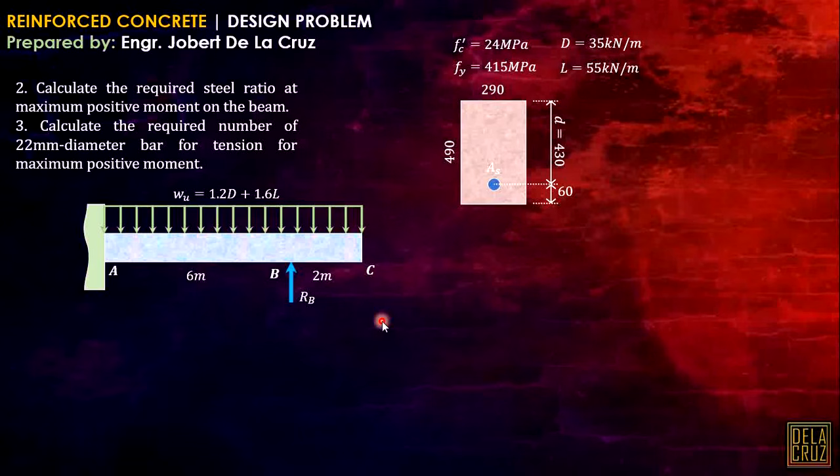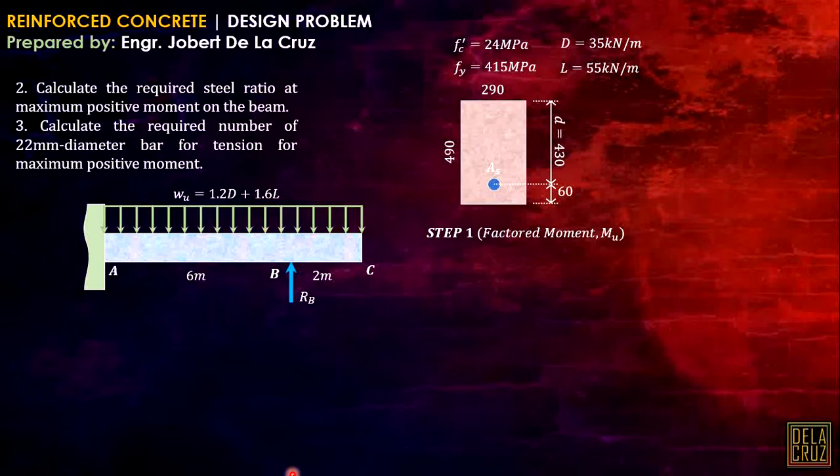Okay, so, just recall lang. Here, I will do the 3-moment equation. Alam nyo maraming methods in calculating the indeterminate beams. Here, I will do the 3-moment equation. If this is a propped beam, I will extend this one.